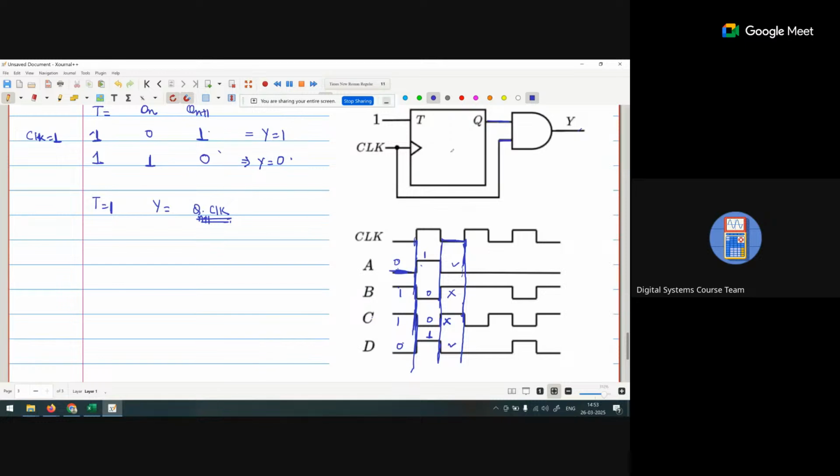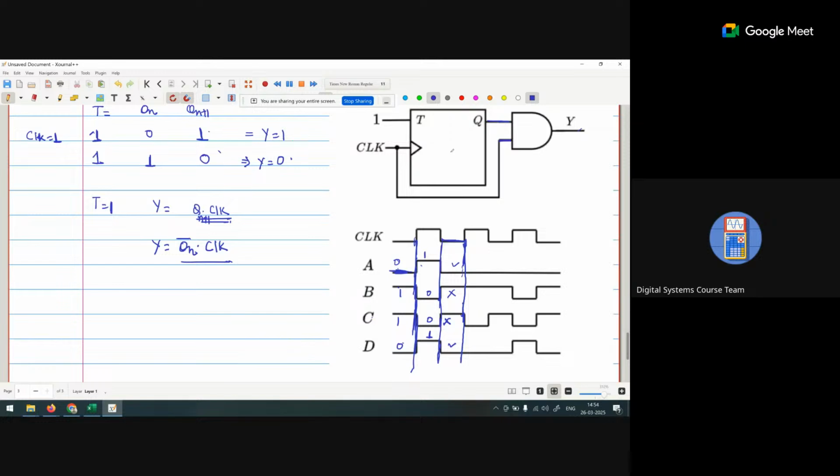Now Qn plus 1 is what? That is the Qn bar dot clock. Because T is 1, every time the next output will be the toggle of the previous one. So always Qn plus 1 is the invert of the Qn. So either Qn plus 1 dot clock or Qn bar dot clock.